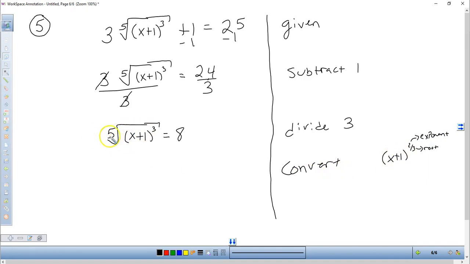Okay, well, my root is 5, and my exponent is 3. So that means I really have x plus 1 to the 3/5 power. Okay, exponent on top, root or radical on the bottom. Now I'm going to solve it.